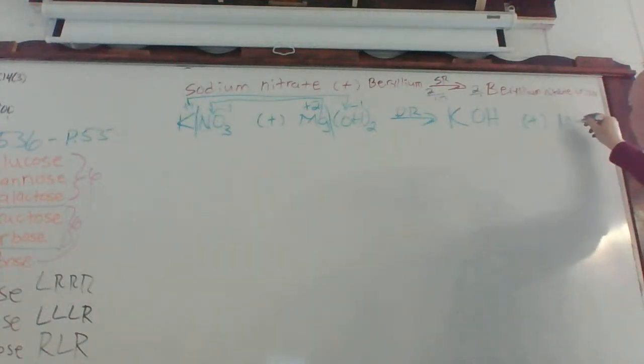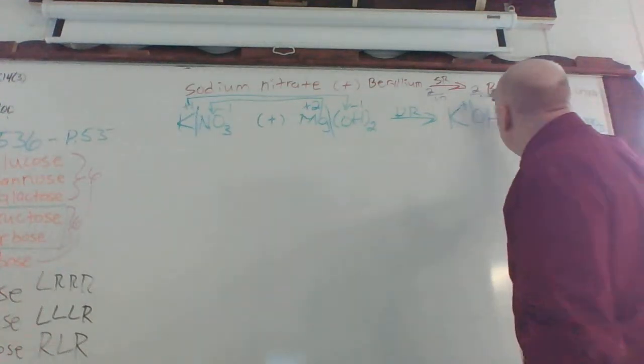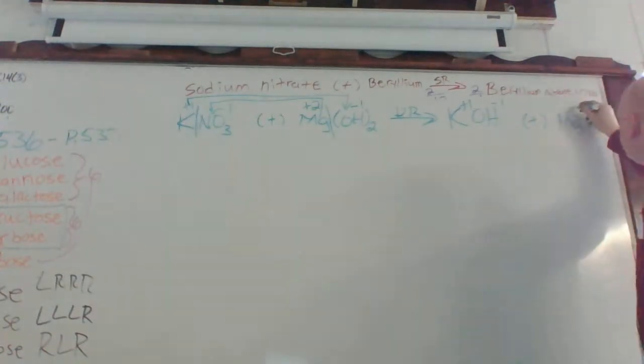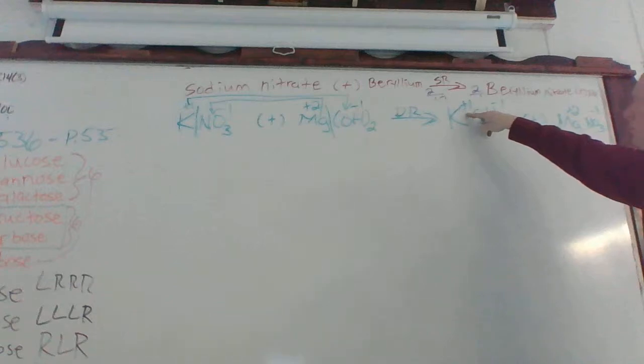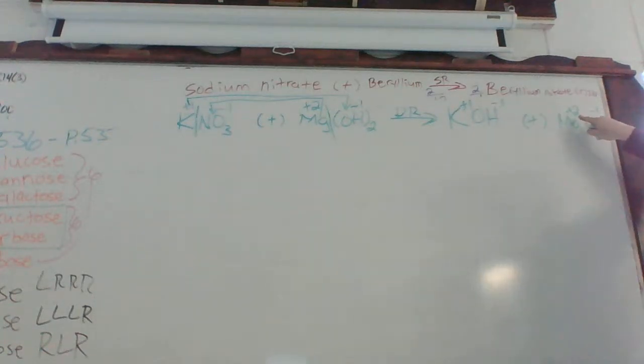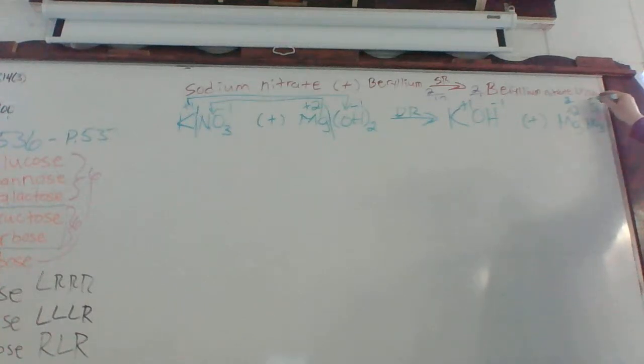magnesium and nitrate. Okay, positive 1, negative 1, positive 2, negative 1. These charges add up to 0, so that's good. These do not. Least common multiple is 2. 2 divided by 1 gives you 2, parentheses, and 2.